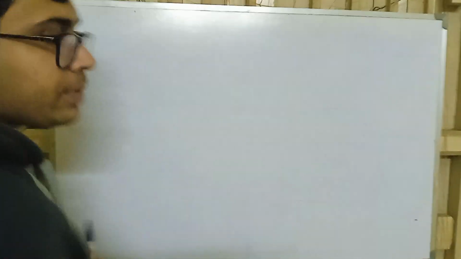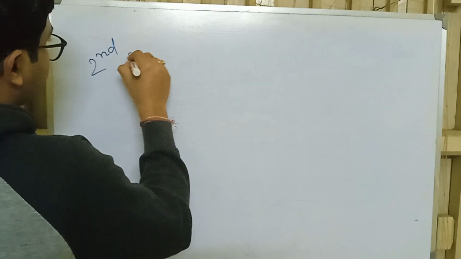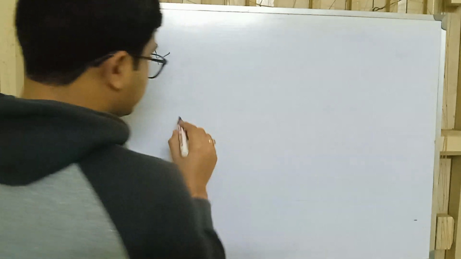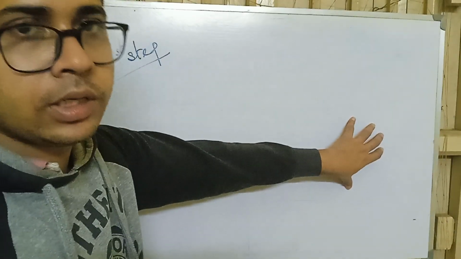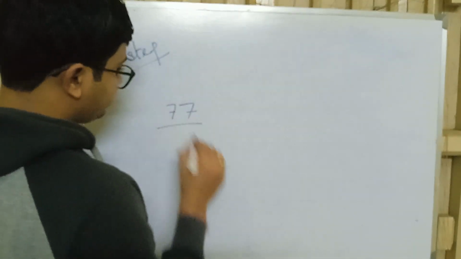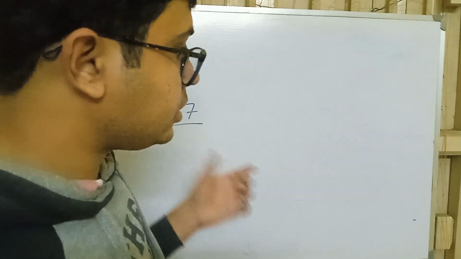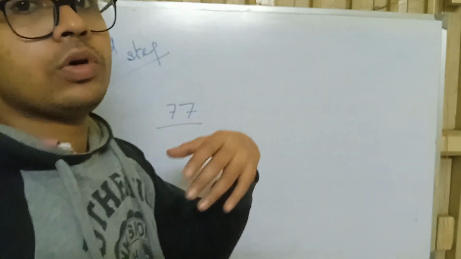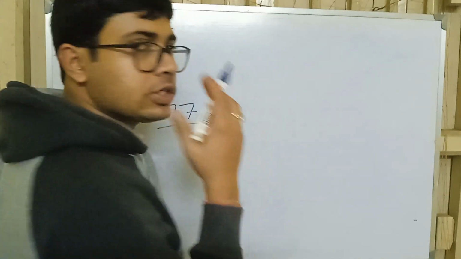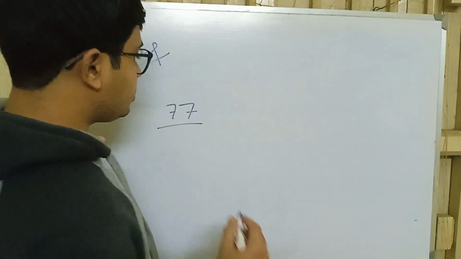After that, the second step is trivial. We have got the transitions from the feed forward neural network, and suppose we have got 77 transitions. After the 77 transitions, we apply thresholding. What is thresholding?